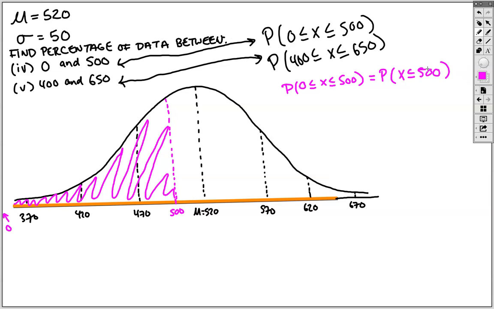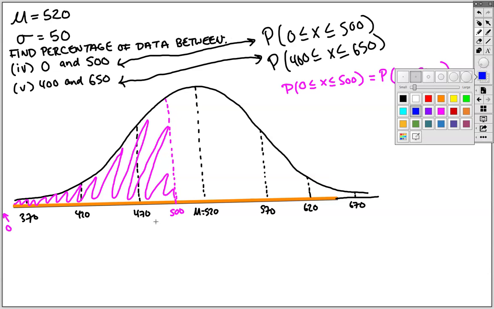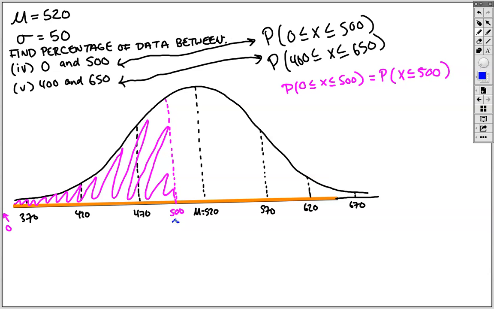Now, I'm going to standardize this variable, x equals 500. Let's call this x1, and I'll call the standardized value z1. z1 is x1 minus mu, so minus 520, over the standard deviation. Given what we know, it's 500 minus 520 over 50.